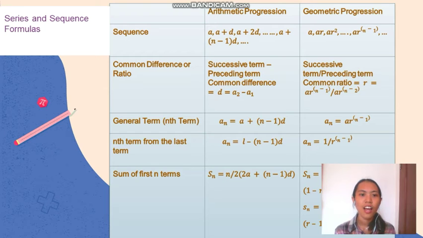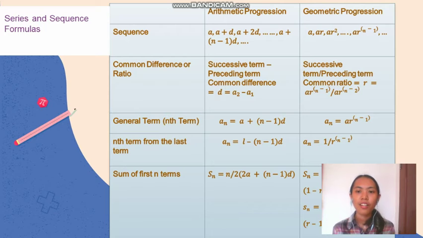And the last is sum of first n terms. In arithmetic progression, we call it Sn equals n divided by 2 multiplied by 2a plus n minus 1 multiplied by d.